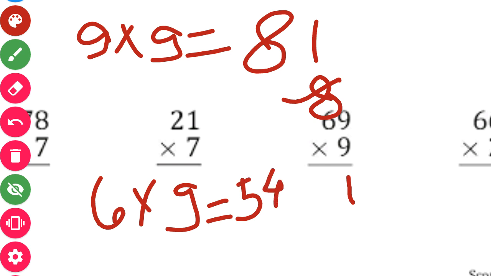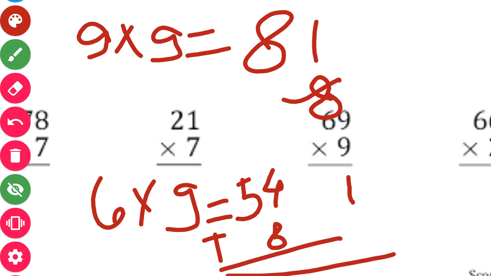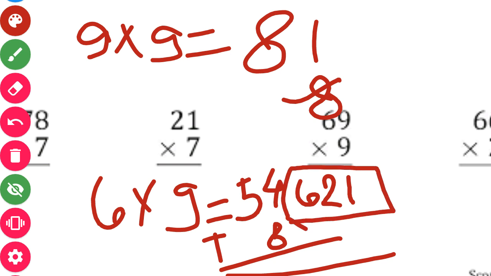We have got 54 and then we have to add 8 to this 54. How much will we get? Count after 54: 55, 56, 57, 58, 59, 60, 61, 62. 621. We have got 621 as our answer. Okay.